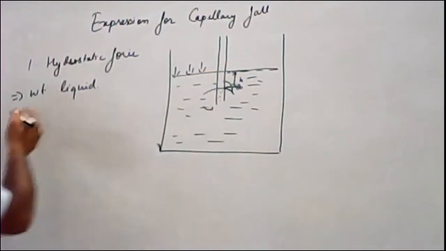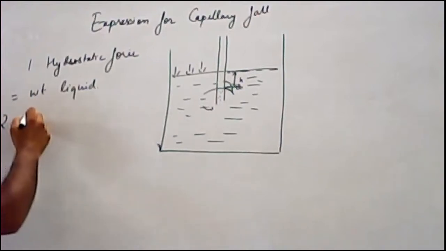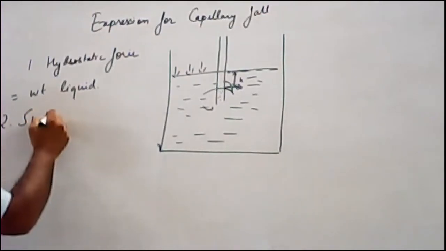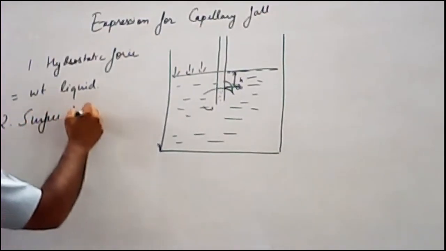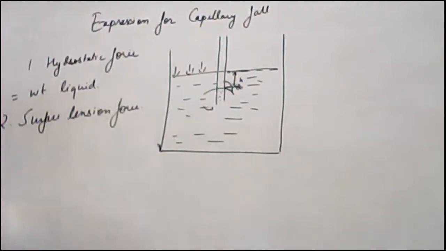It is equal to almost the weight of the liquid. And the second force is the surface tension force. Right? These two forces have to be in equilibrium to maintain that liquid fall in the capillary.